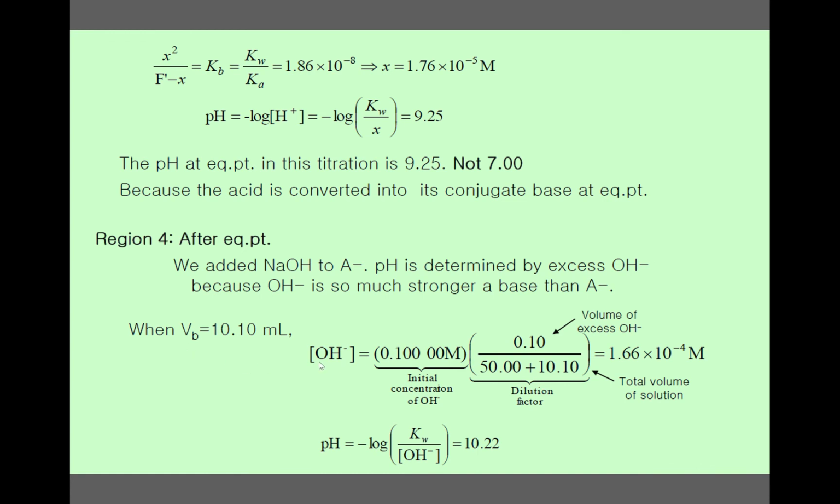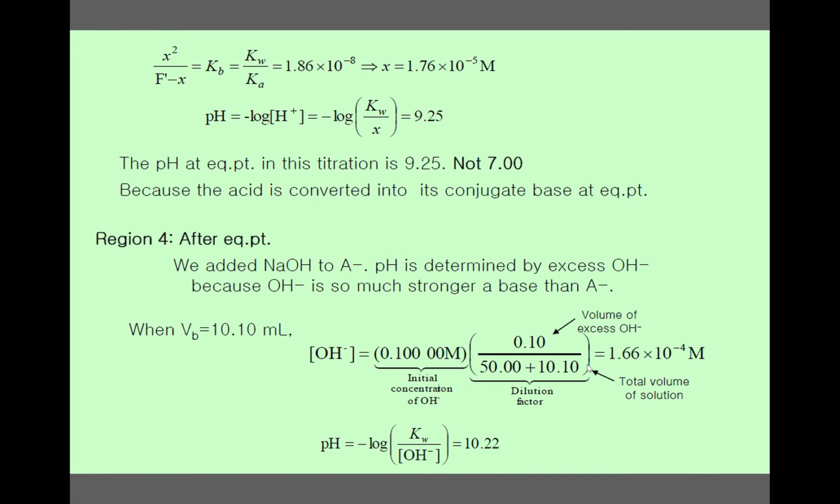The moles of OH minus is 0.1 ml times the initial concentration of hydroxide, which is 0.1, and then you divide by the total volume, which is 50 plus 10.1. Then you get 1.66 times 10 to the minus 4 molar. So the proton concentration is Kw divided by this number, and then the pH becomes 10.22.